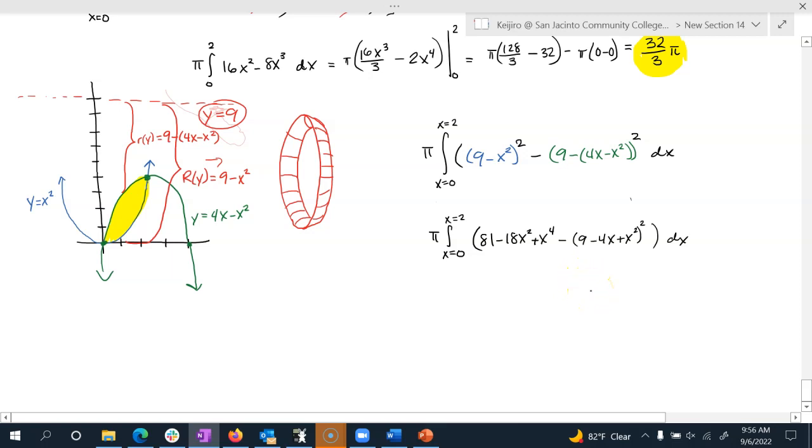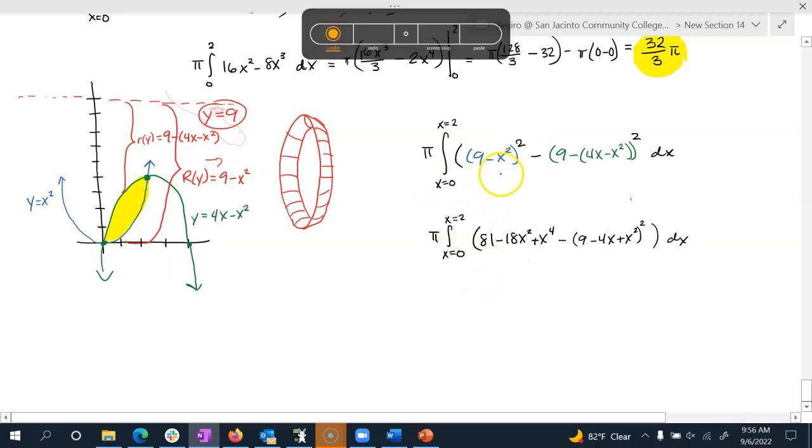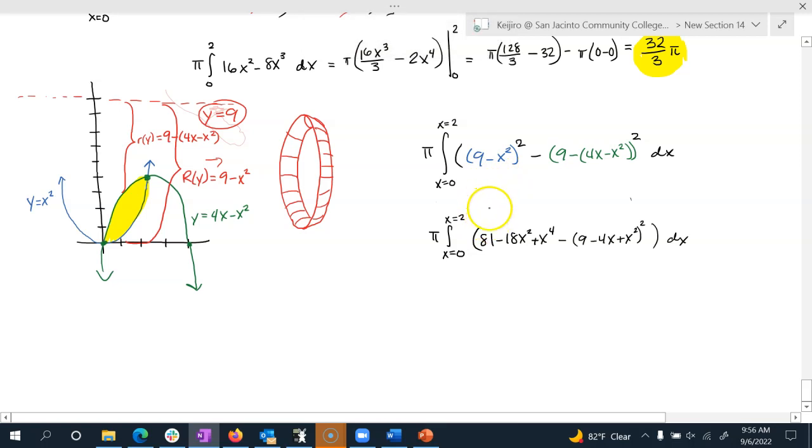Are there two numbers that multiply to 9 that... No. Okay, maybe that is going to be kind of bad. Okay, well, I guess I'll just square this trinomial.